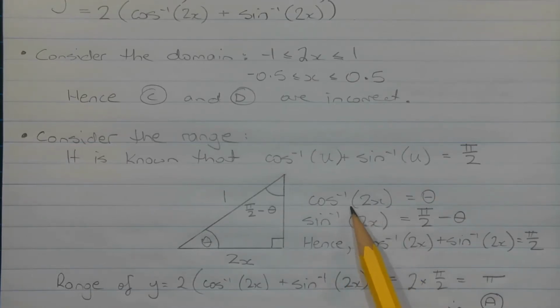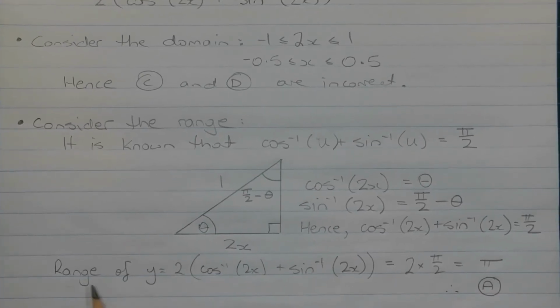Hence, if we add these two equations together, inverse cos plus inverse sine is equal to theta plus pi over 2 minus theta. The thetas will cancel and we're left with pi over 2. So the range of y equals 2 times, open bracket, inverse cos of 2x plus inverse sine of 2x, close bracket, is equal to 2 times pi over 2, which equals pi. Therefore, the correct answer is option A.